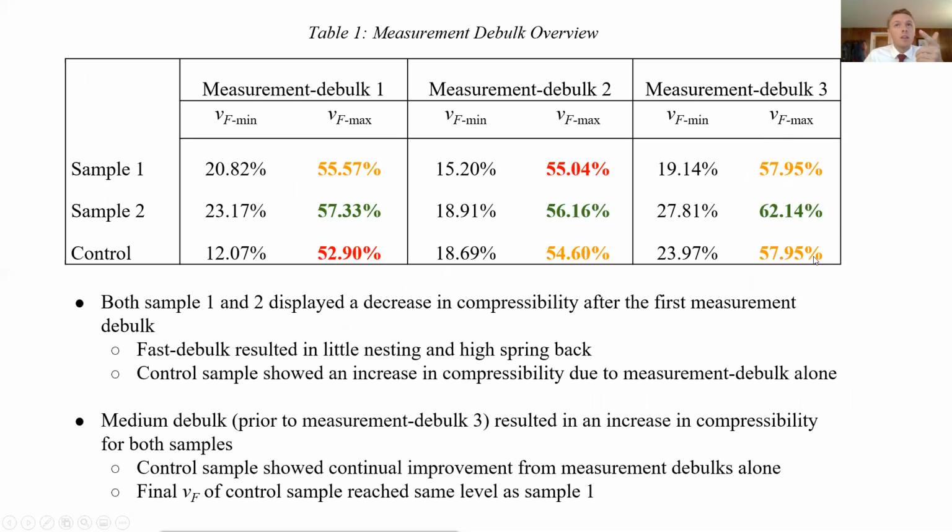You can see that it reached the exact same volume fraction as the control sample. And so this kind of suggests that those additional debulking were not effective in creating a higher volume fraction, where sample 2 was subjected to a bit more debulking, and it did show some improvement.